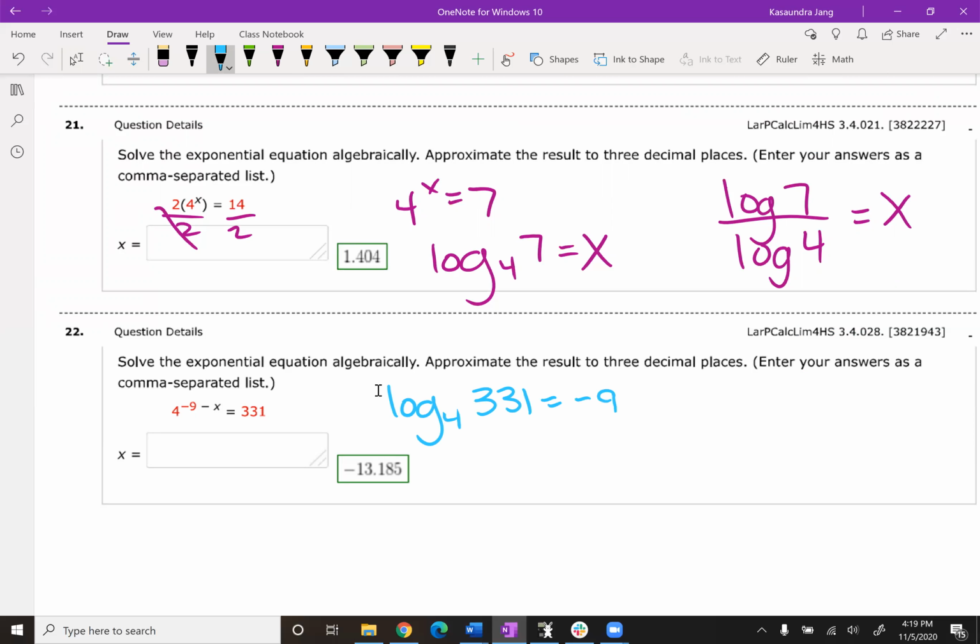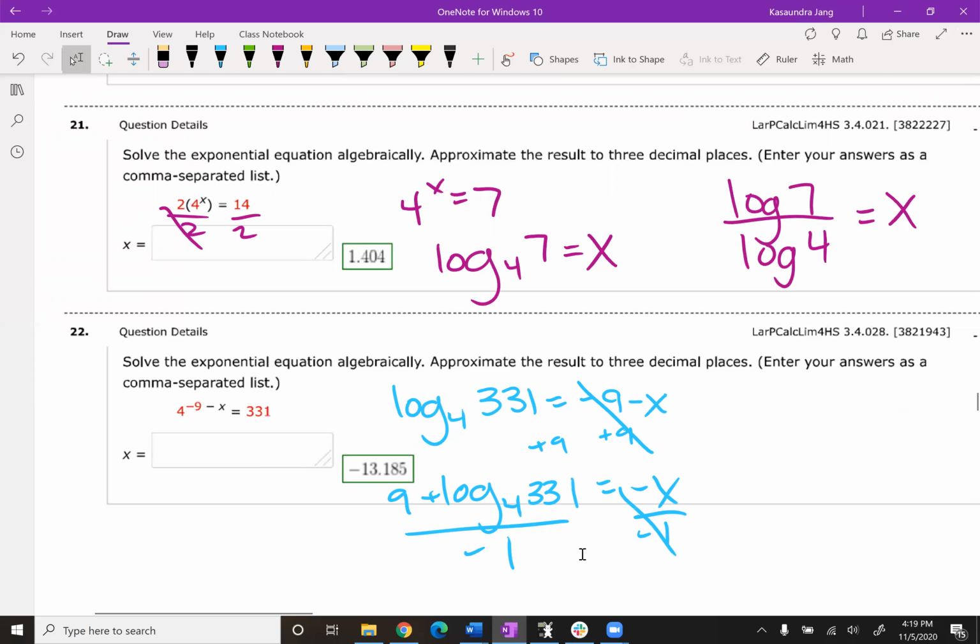The whole point of a logarithm is to solve for the exponent. All right, so at this point, it's going to be really messy, but I can solve for the x. I can add 9 on both sides. This 9 is not in a logarithm, so I have to leave it outside of this. Maybe I'll put it at the beginning, but I cannot put the 9 in the logarithm. And then I will divide by -1 on both sides to get my x by itself.